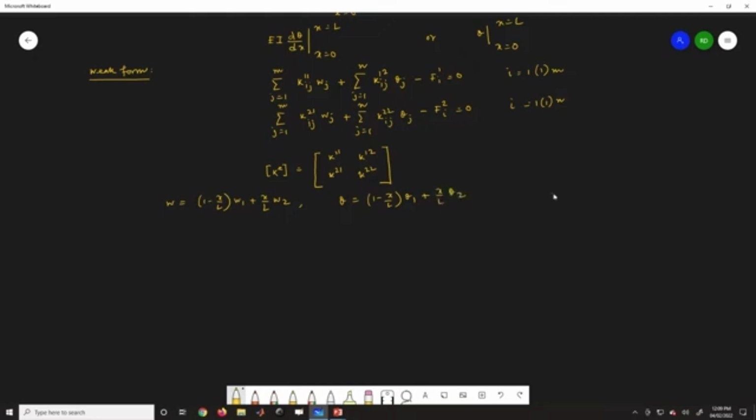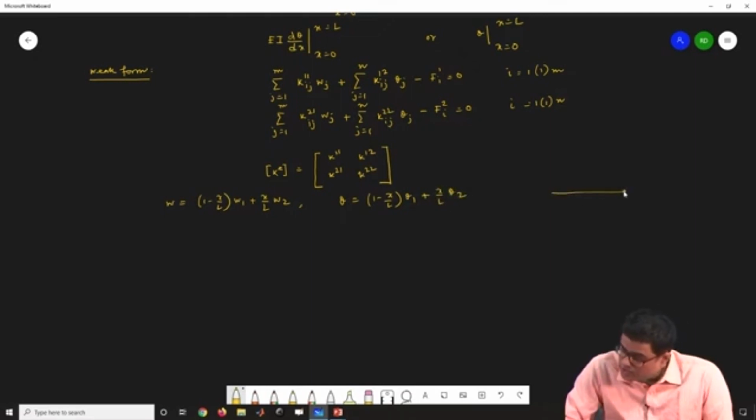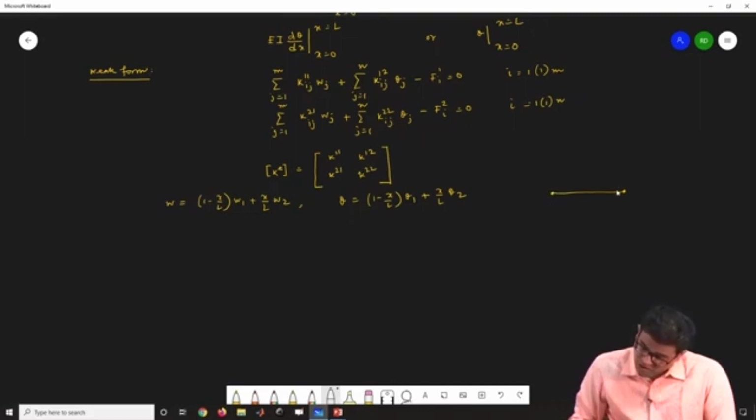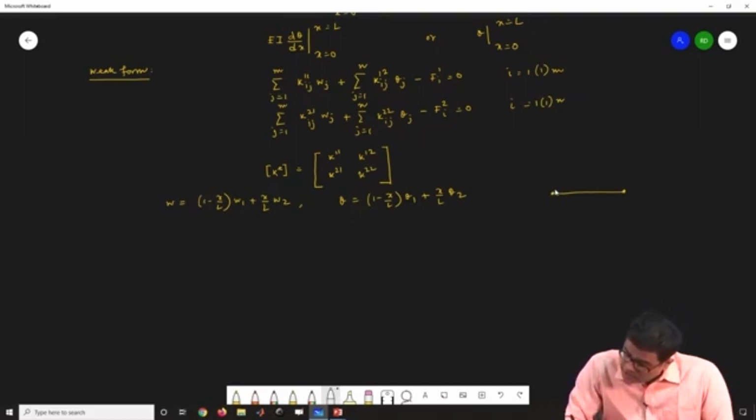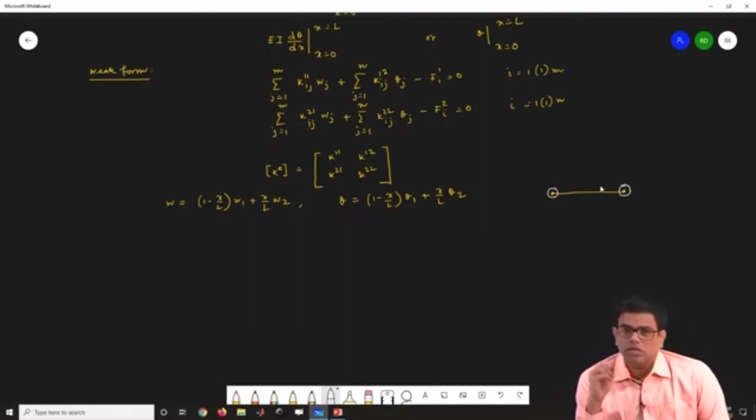So I am considering an element where these are my displacement nodes, where I am doing interpolation for the displacement, and these are also my rotation nodes, where I am doing the interpolation for the slope.